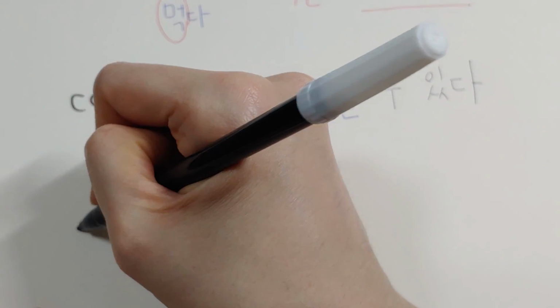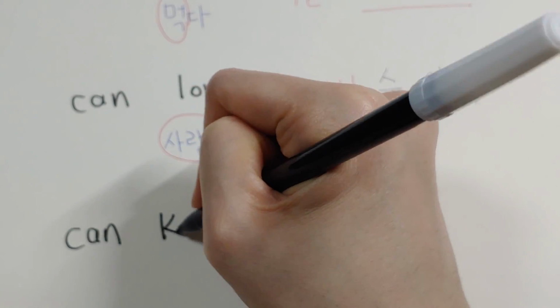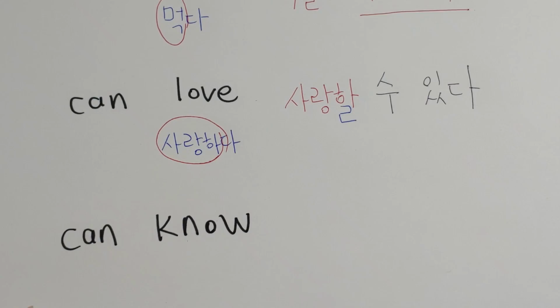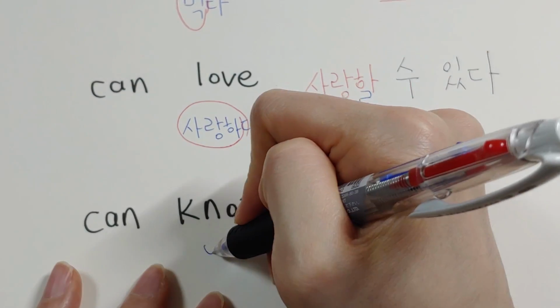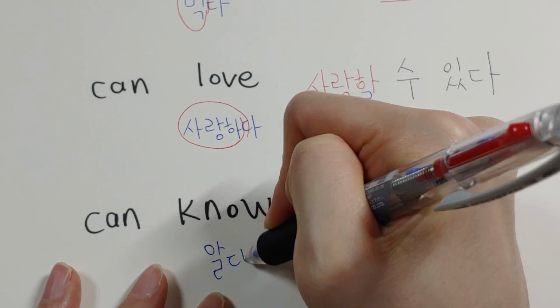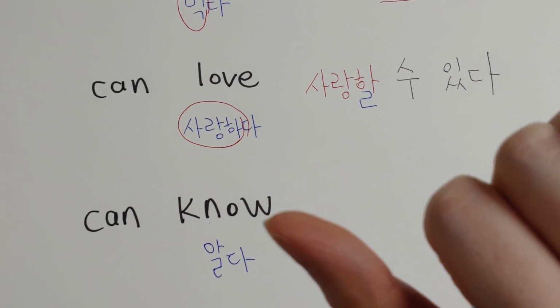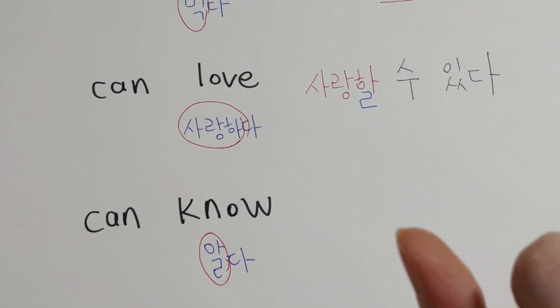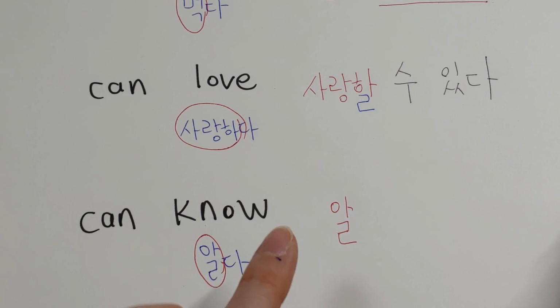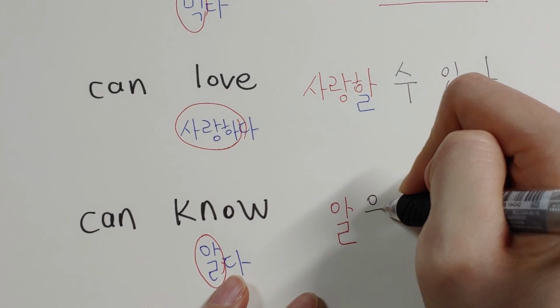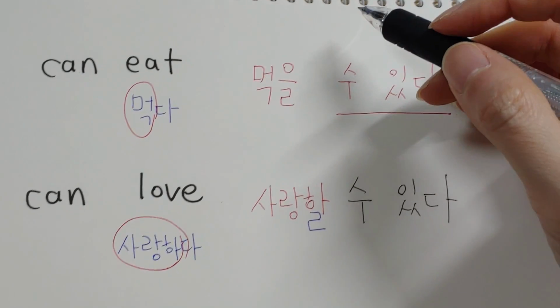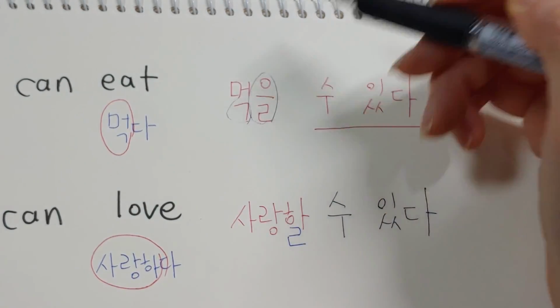Let's do one more. How about can know? So the base verb of know is 알다, right? So you first put the stem verb 알, and you can see that this one has 받침, so you might go with 을, because we just learned that when there's 받침, you put 을.